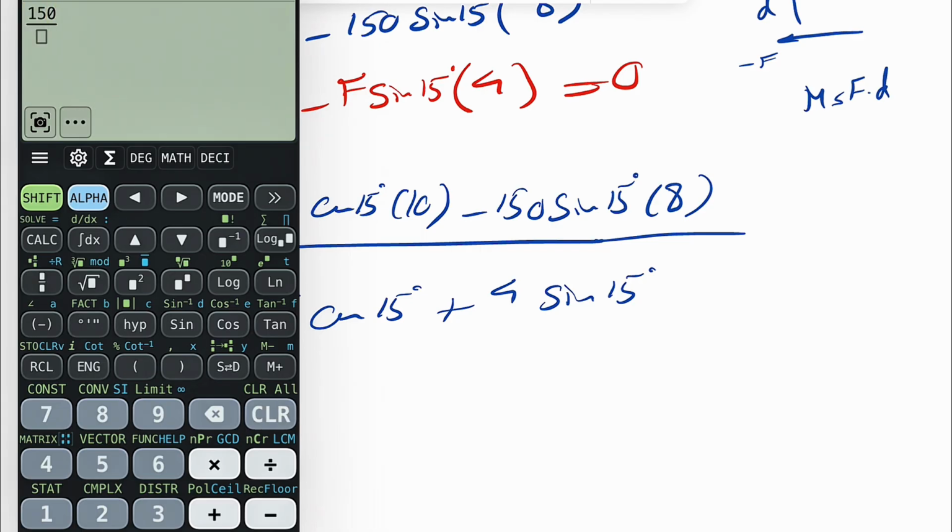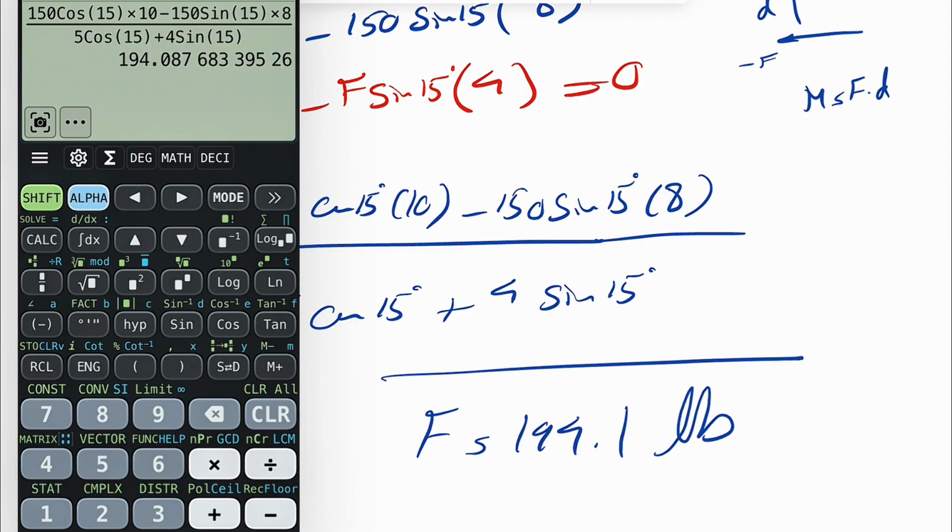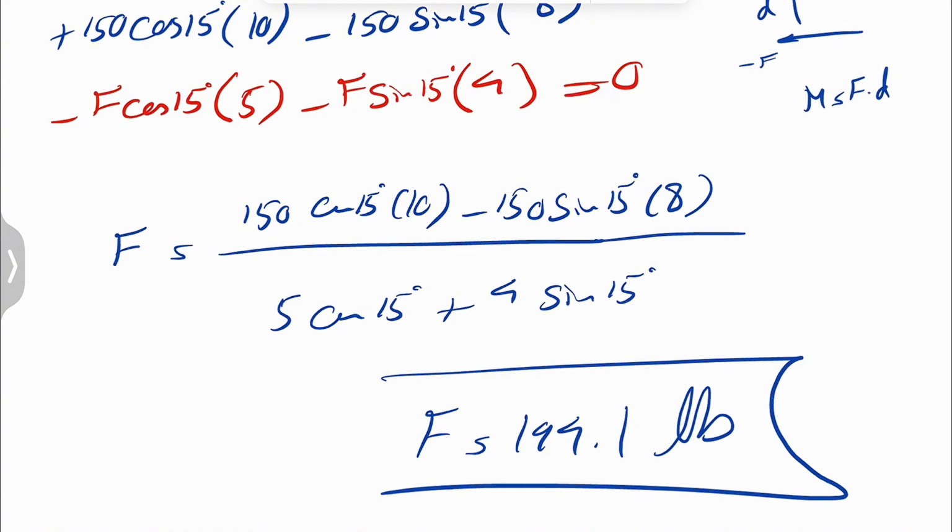So 150 cosine of 15 times 10, negative 150 sine of 15 times 8, and we're going to have 5 cosine of 15 plus 4 sine of 15. And yeah, that's going to give us the force F, 194.1 pounds, and the final answer for this question.